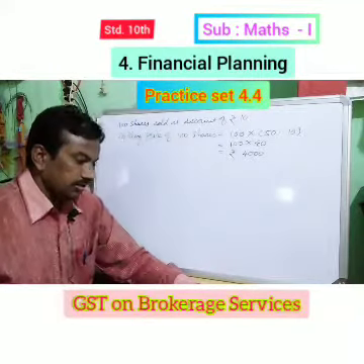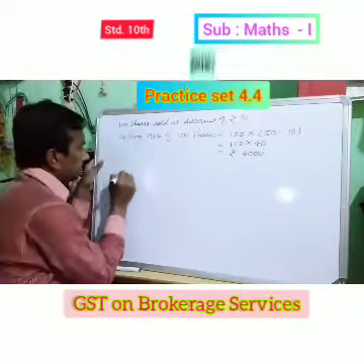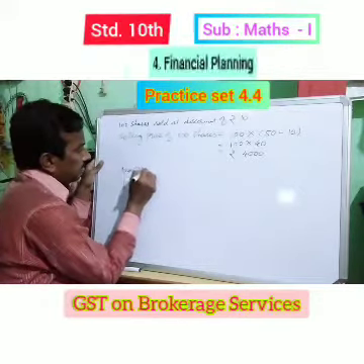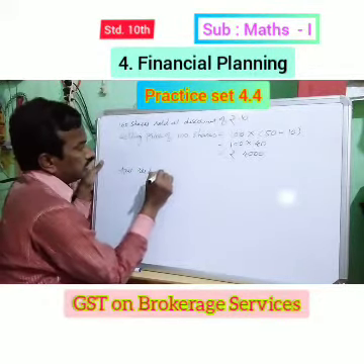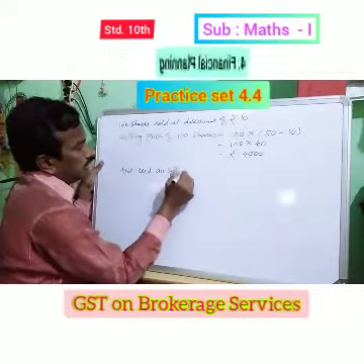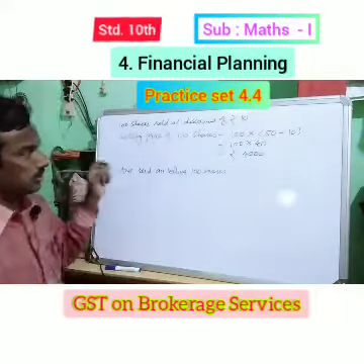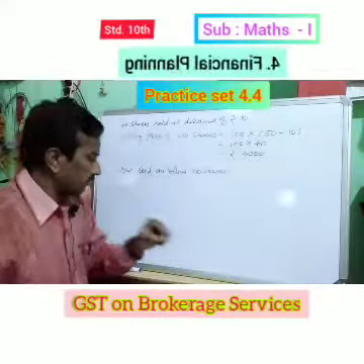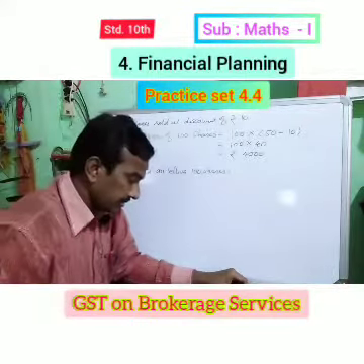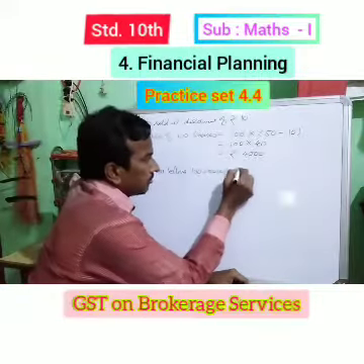Now amount received on selling these 100 shares. Because rupees 20 brokerage is given on each trade, means selling price minus brokerage.